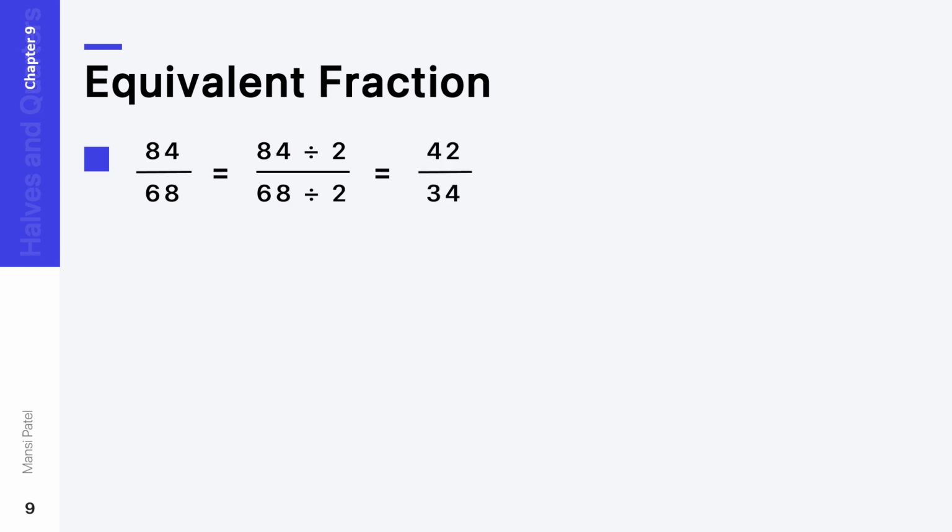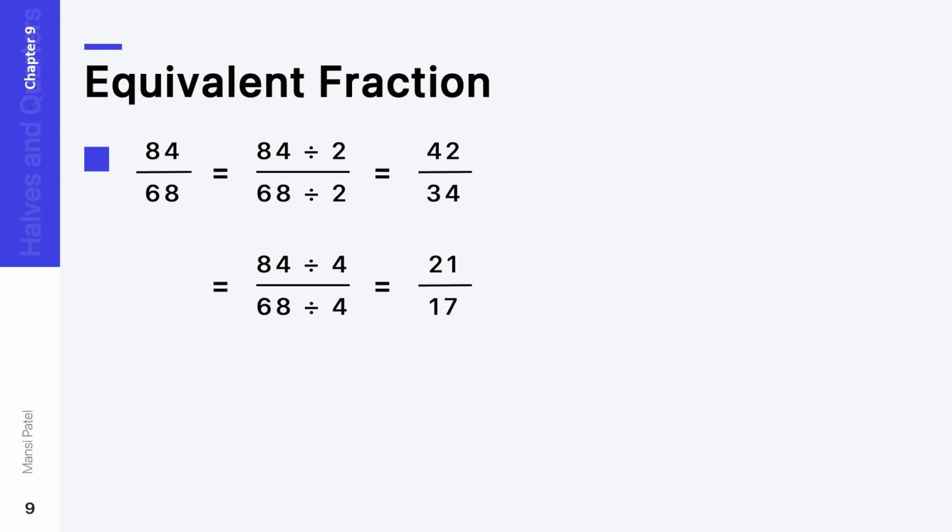Now if you want to divide both numbers by 4, then you can do it. 84 divided by 4 is 21, and 68 divided by 4 becomes 17.